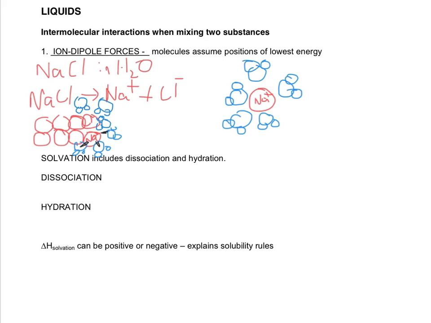And so now there's an interaction between those negative chlorines and the positive hydrogens, and so those hydrogens, if there's enough of them, will be able to pull away that Cl minus from the crystal.